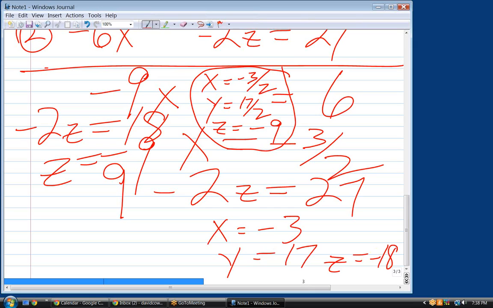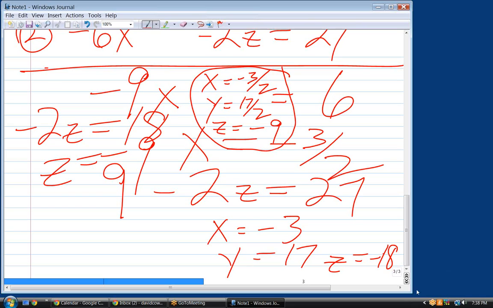Well, I don't know where I made my mistake, but that's definitely the method for solving a 3 by 3. You eliminate one variable, get it down to a 2 by 2, solve the 2 by 2 the way you know how to do it, and then work your way backwards and solve for all 3 variables once you have one.